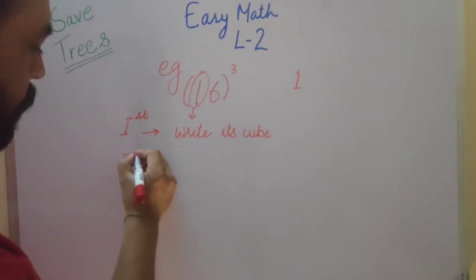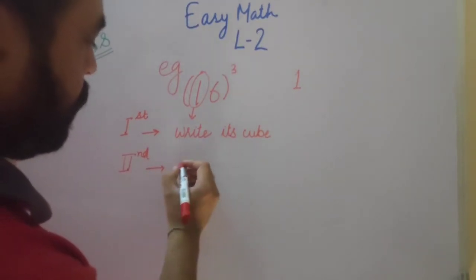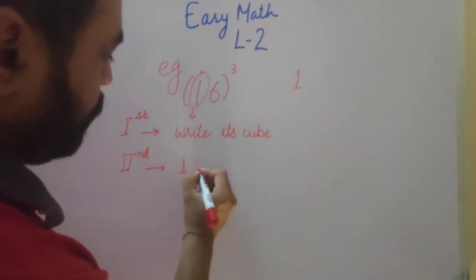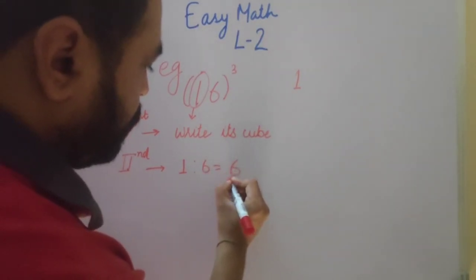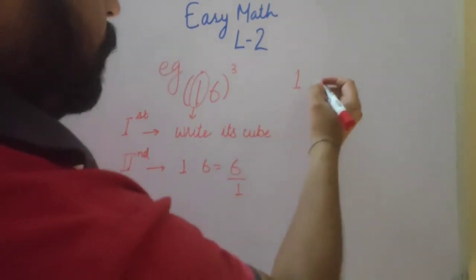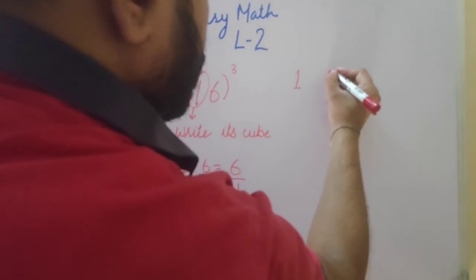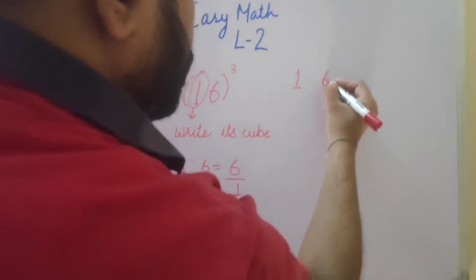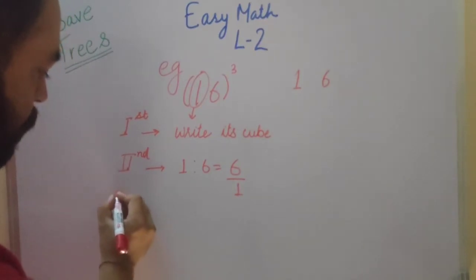Now second step. As we have converted these into ratios, they can be represented as fractions. So we take 6 as numerator and 1 as denominator and multiply by that ratio. So 1 multiplied by 6 by 1, or 6, is 6.